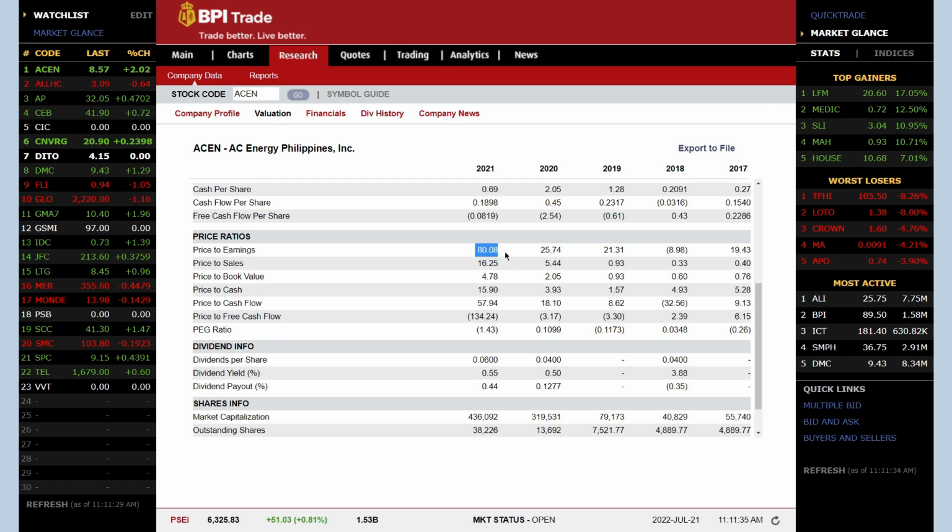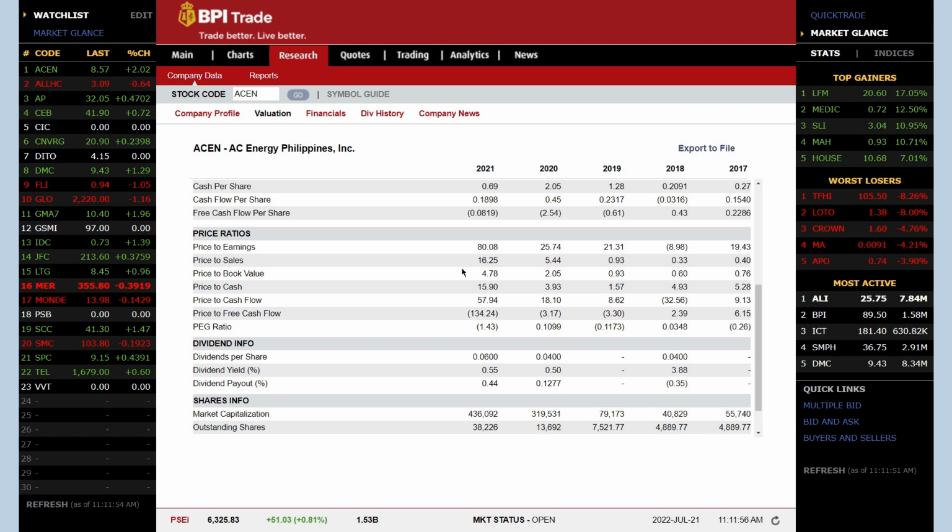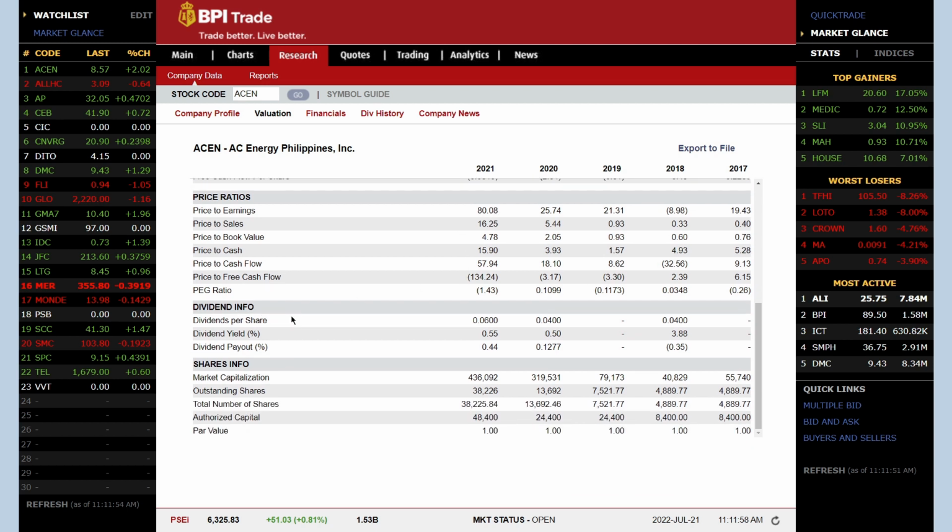So that is considerably high in comparison with competitors. Kasi by sector mo rin kailangan i-compare. But in general, magandang price to earnings ratio is around 15 and below. And as you can see here, medyo inflated siya currently. Then we have here the dividend information and shares info.